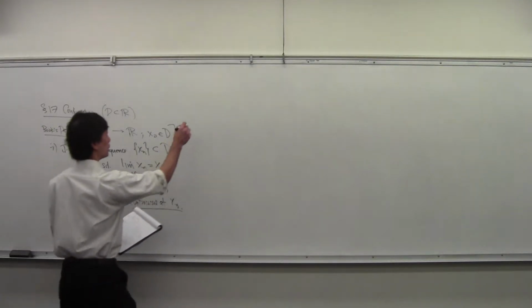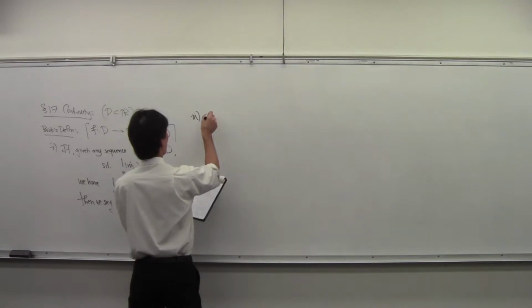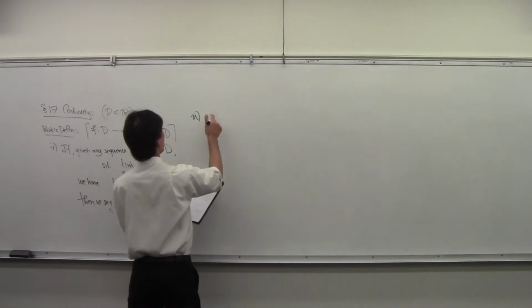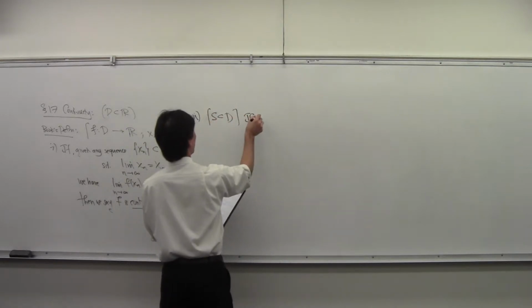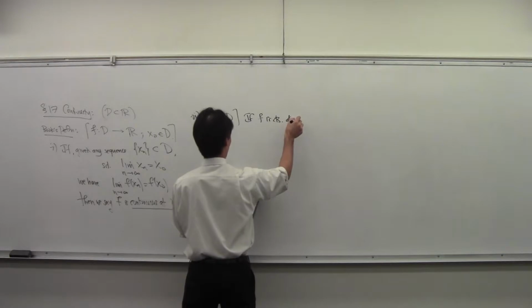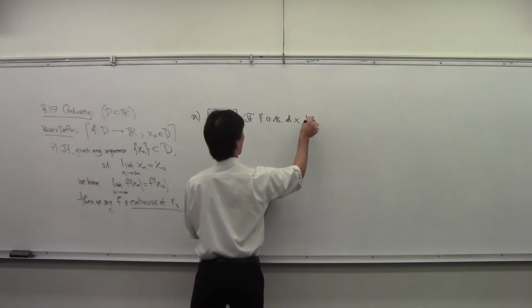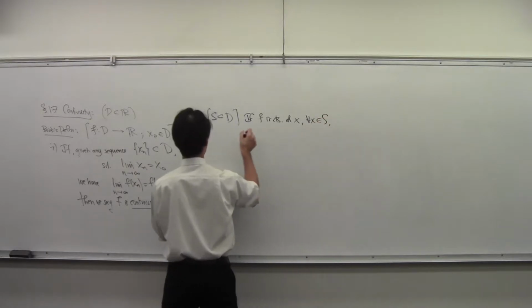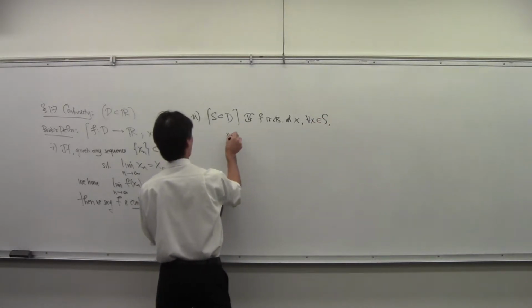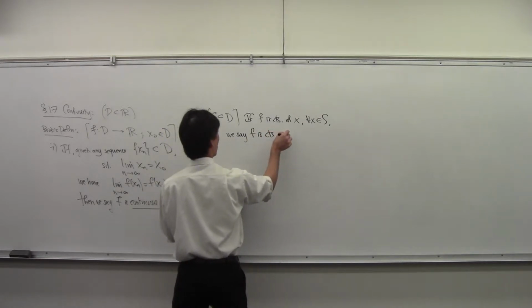Okay, part two. So you have some subset S, a subset of D. If f is continuous at x for all x in that subset, then we say f is continuous on that subset.